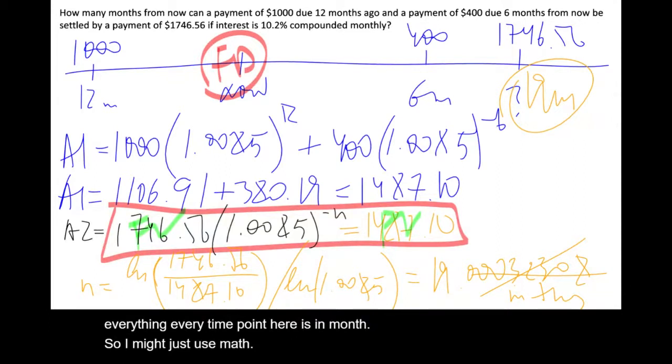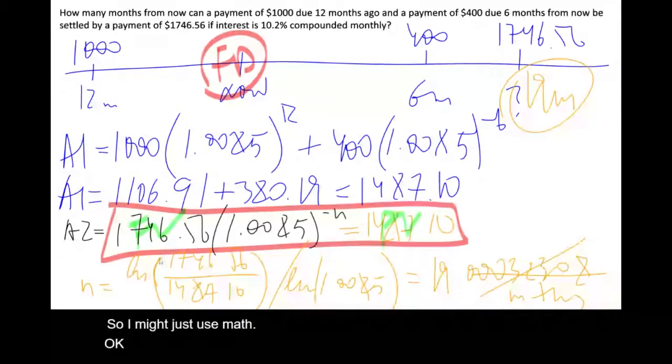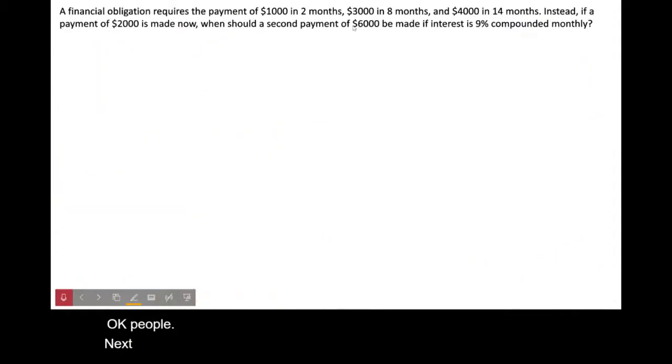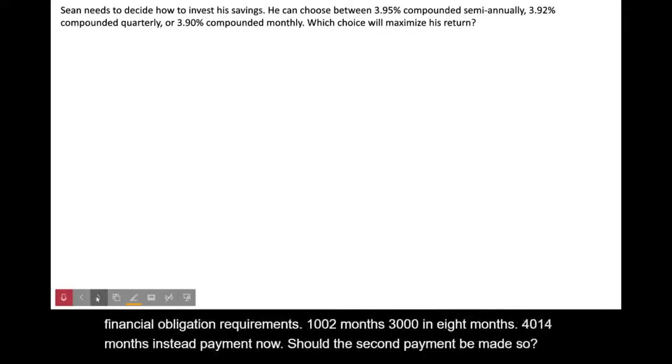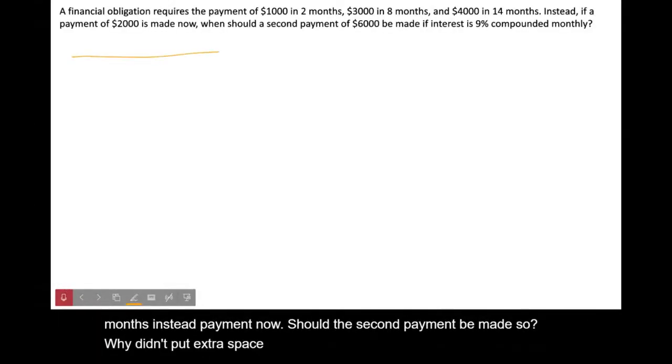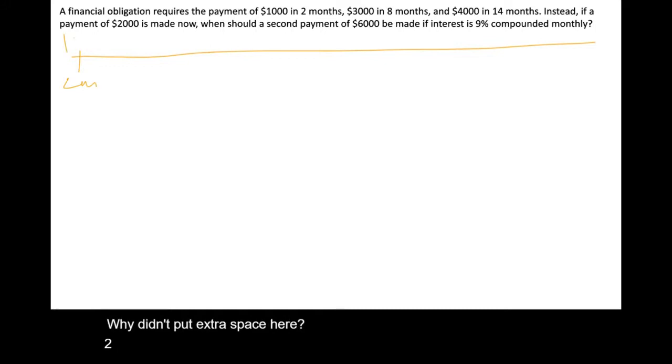Okay, people. Next. A financial obligation required payments of $1,000 in 2 months, $3,000 in 8 months, $4,000 in 14 months. Instead of payment now, when should the second payment be made? So let me see. In 2 months, I have 1,000. I have it now.